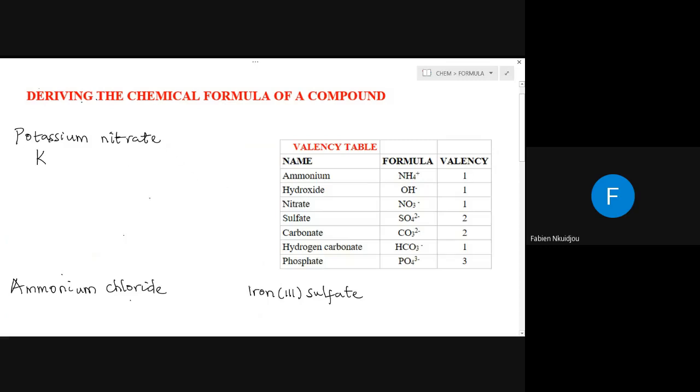So for the nitrate ion, we have NO3. Now potassium is in group 1, it has a valency of 1. The nitrate, looking at it from the table, has a valency of 1 as well. So we're going to interchange the valencies.